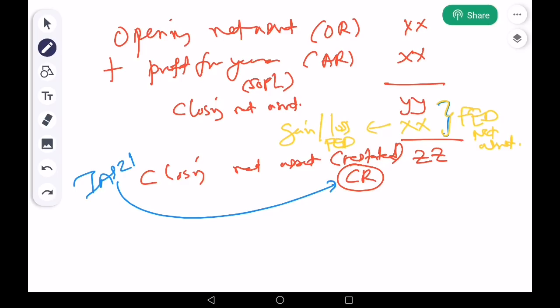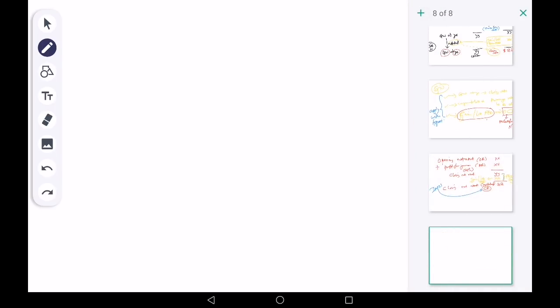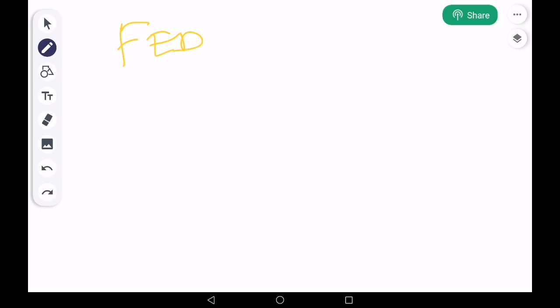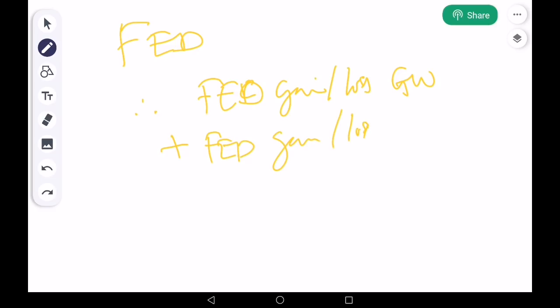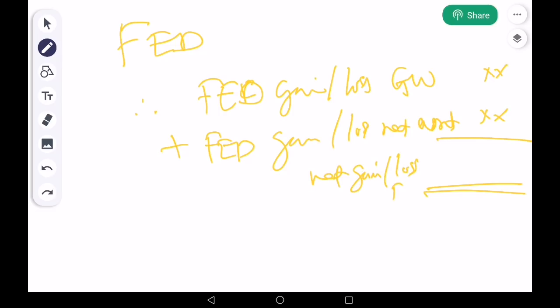So you got two FED here. So what is the setup that you need to know? At the end, your total FED will be FED gain or loss from goodwill plus FED gain and loss from net asset. Then you will get the final net gain or loss of FED. Remember, this figure will be entered in OCI.